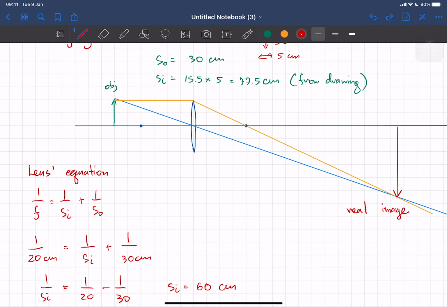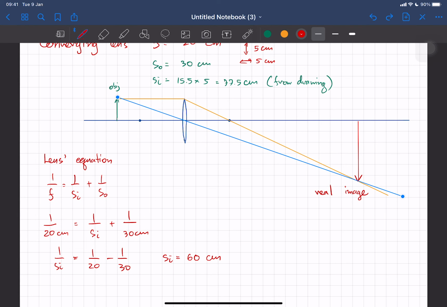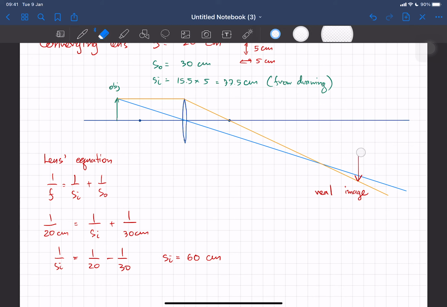So maybe if we change it a little bit, maybe like here, you can see that it's going to put the image closer. It's quite sensitive. So maybe this is not the actual location of the image. Maybe it's here. Right. So let's see if it's better.